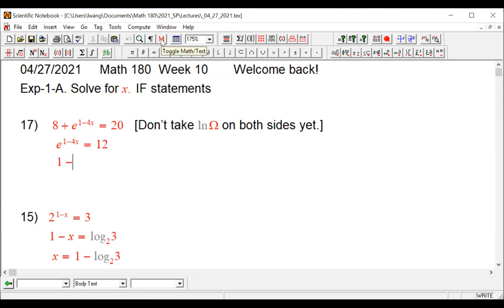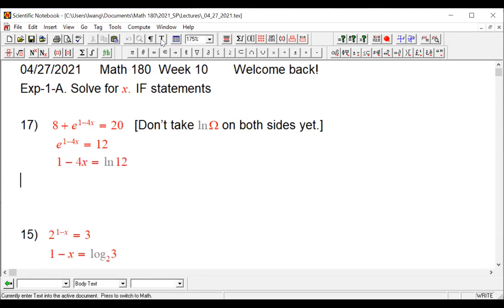I'm going to do 1 minus 4x equals ln 12, and I'm just going to quickly wrap this up. So x equals a quarter of 1 minus ln 12. Do you agree? Do we get the same?